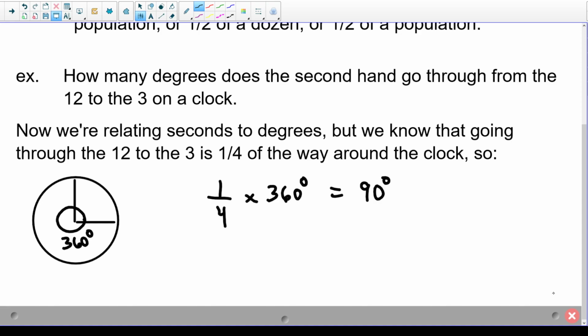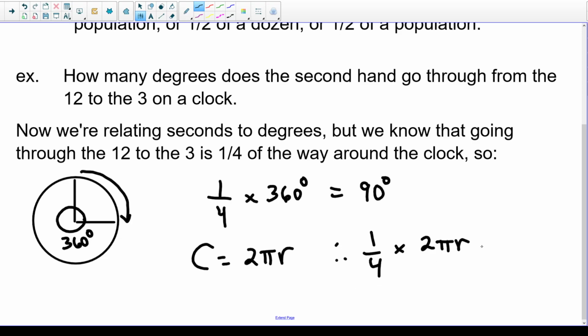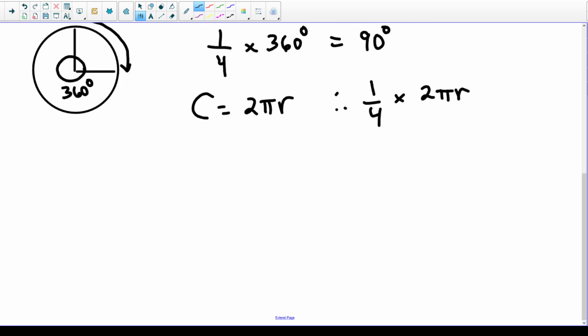Now I could also ask, what is the arc length, or the distance traveled by the minute hand as it sweeps past that arc during the 1/4 turn? Well, we know that the circumference of the entire clock is 2 pi r. So if I'm doing 1/4 of that distance, I would just multiply 1/4 times 2 pi r, and I would get my final answer depending on what r was.